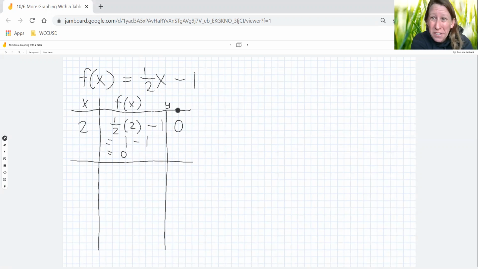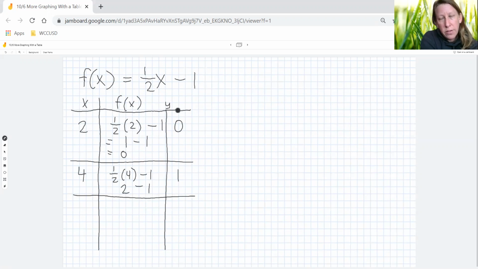0 is what comes out. And what's another easy number to take half of? Yeah, 4. What's half of 4? Half of 4 is 2. What's 2 minus 1? 1. It's also a good idea to try negative numbers. So what's a nice even negative number? Did you know negative numbers could be even? Yeah.